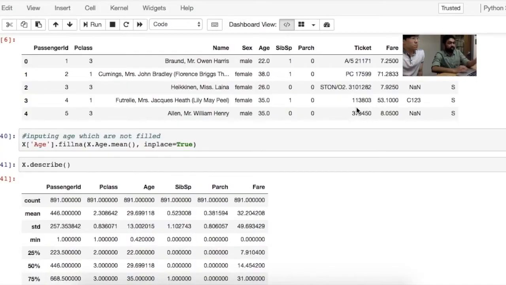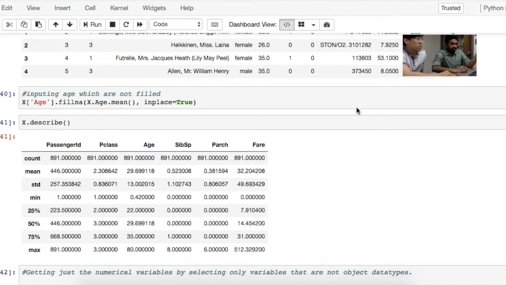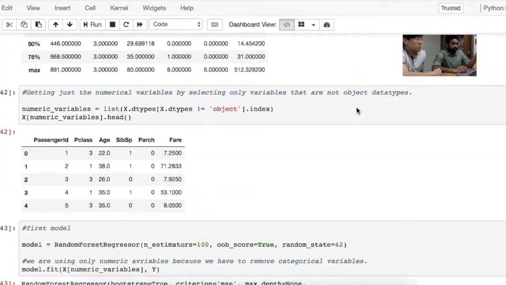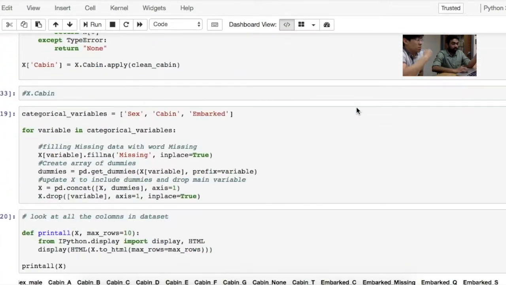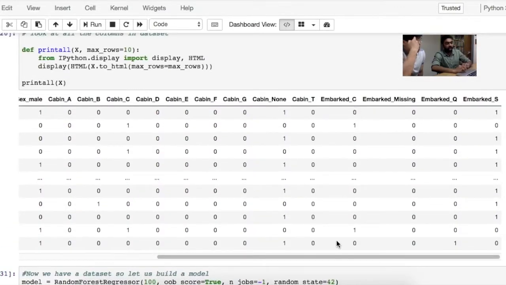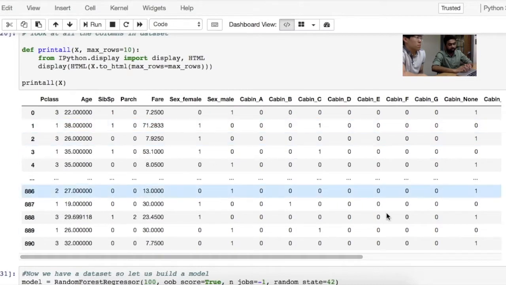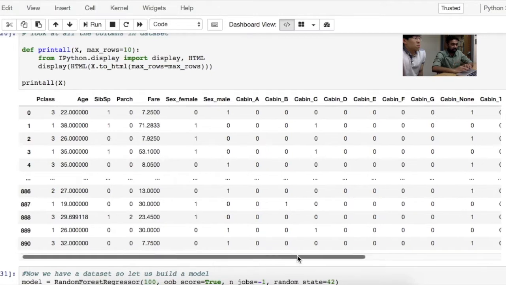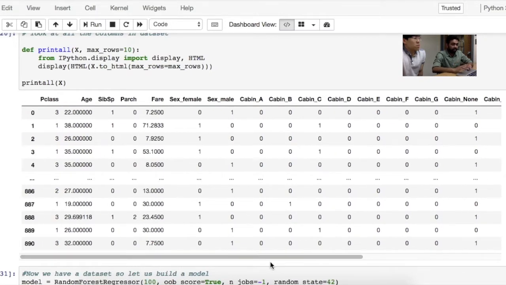So as Justin said, this is the input I'm giving to the machine. If we go deeper, I'll quickly show you how I converted the whole data set into numbers. As I mentioned, I split the data into train and test, and then converted the whole data set into numbers, zeros and ones.